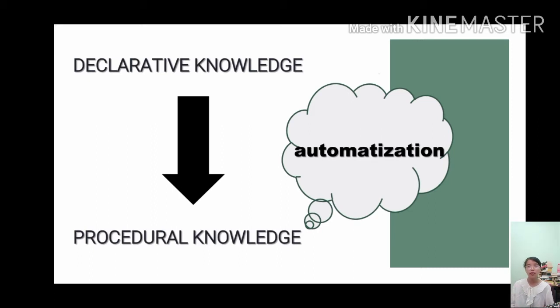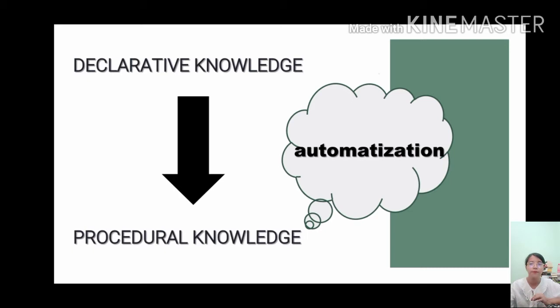And according to Richards, in general, declarative knowledge is conscious knowledge of facts, concepts, or ideas that can be stored as propositions, while procedural knowledge refers to unconscious knowledge of how an activity is done.